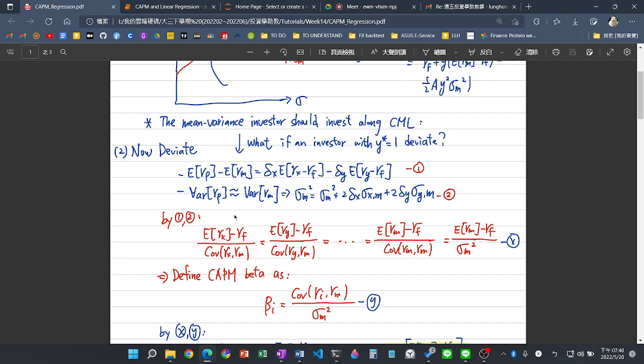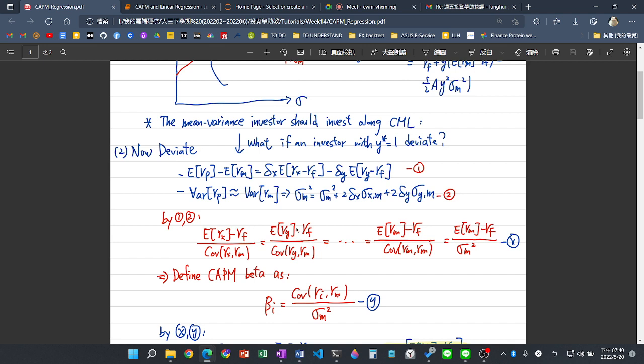For X it has these expressions, and for Y it has the same structure: you calculate the excess return of asset Y, and then the covariance of asset Y and the market. Then it holds true for every asset.